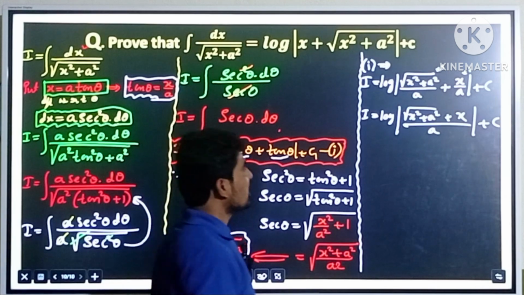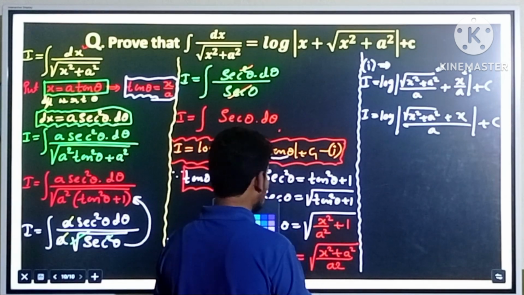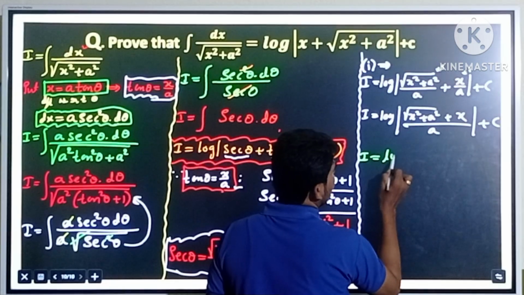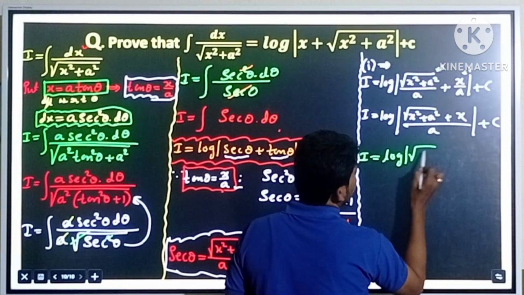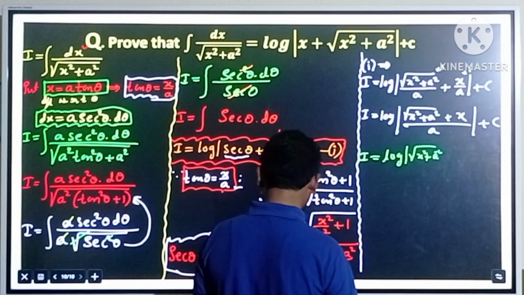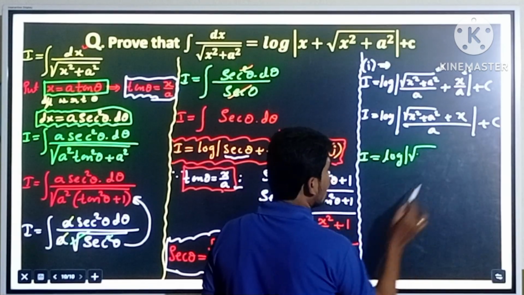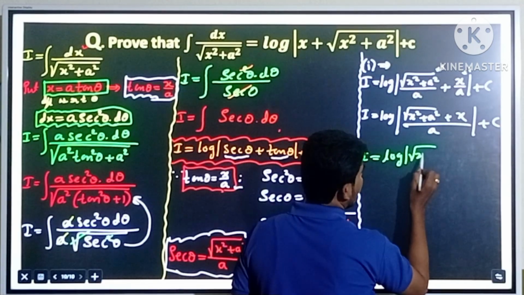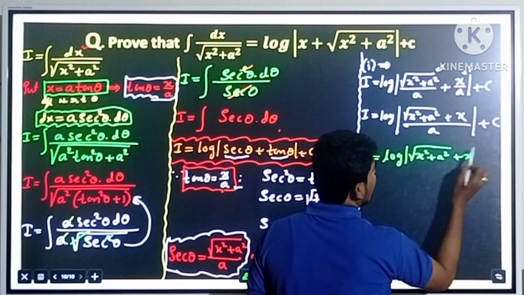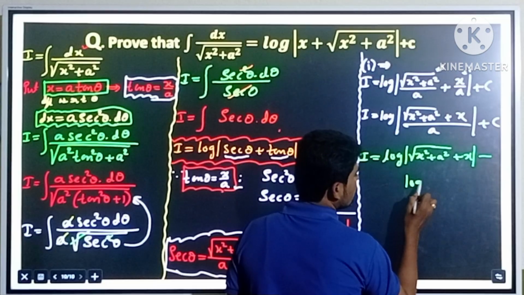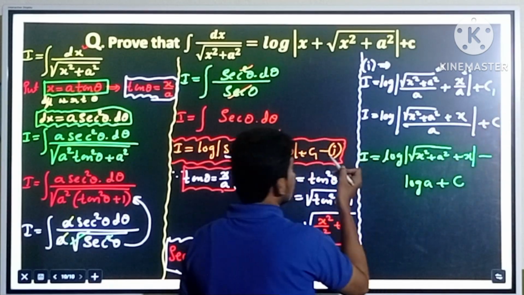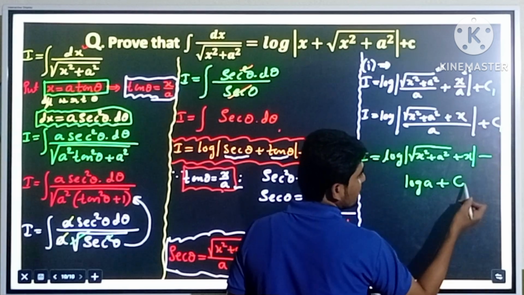Now by using the property of log, log m by n: log m, where m is root x square plus a square plus x, minus log n, that is log a, plus the integral constant c1.